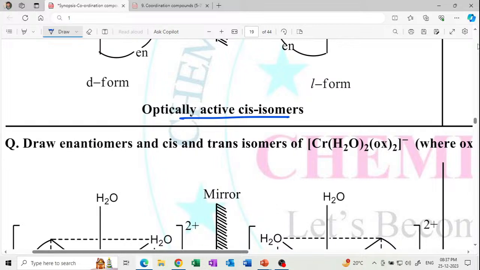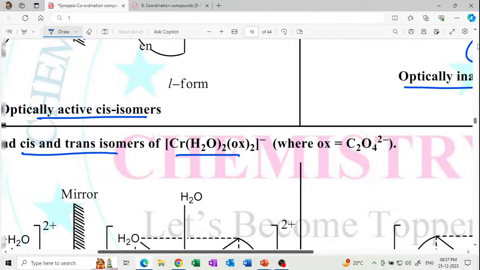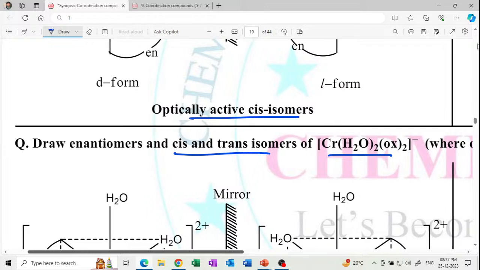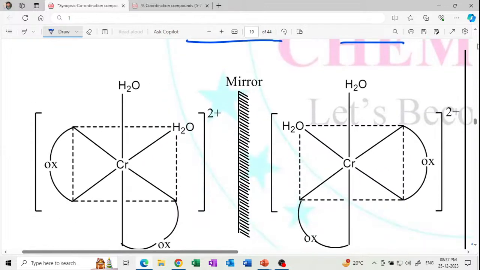This is a very important question. Draw enantiomers of the cis and trans isomers of [Cr(H2O)2(ox)2], where ox is C2O4 2-. Get it? So what is this?